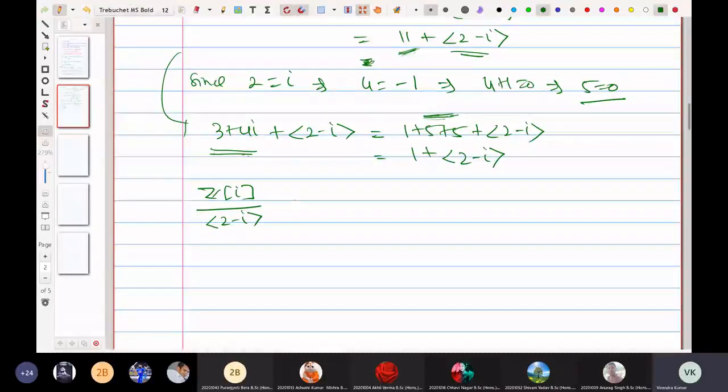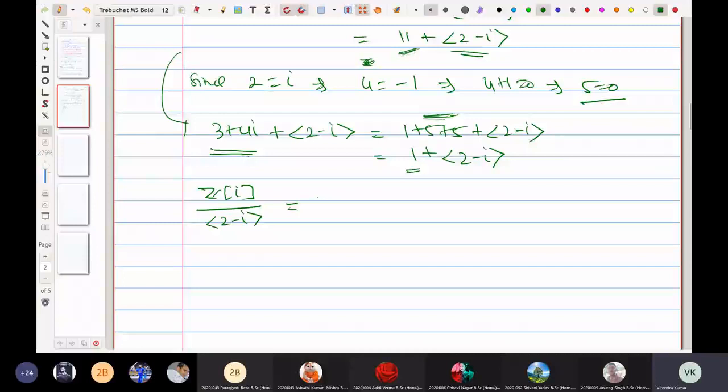So what are the possibilities for elements here? Either we can get remainder 0, remainder 1, 2, 3, or 4. We can get any of these 5 possibilities.